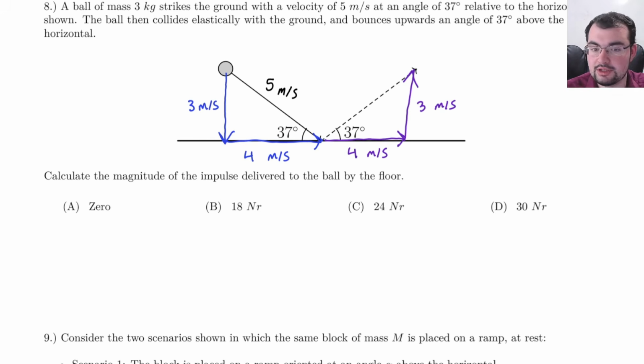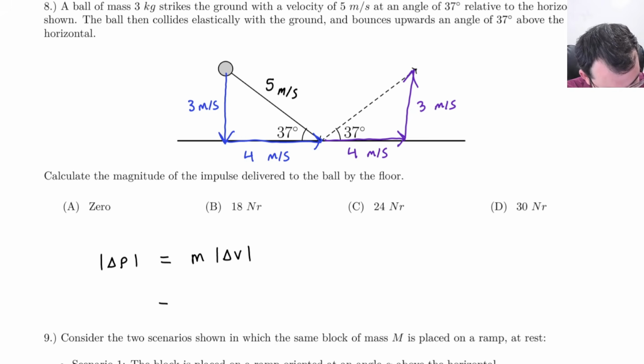Okay, so now we can just calculate our impulse change, because the impulse, we just define the magnitude of the impulse as J, which is delta P, and that's just M delta V. So we have a 3 kilogram ball. And then what is delta V?